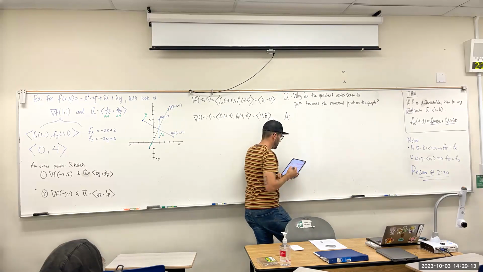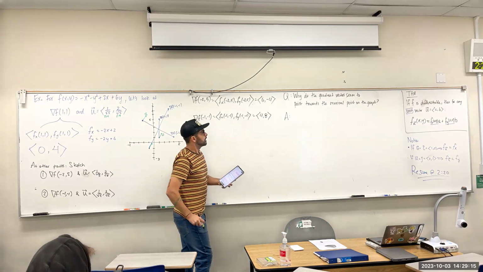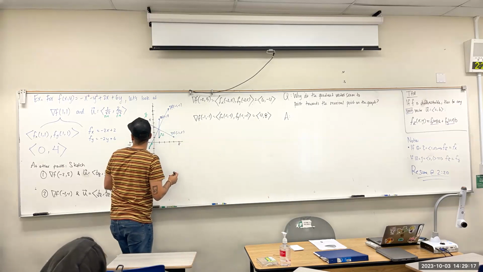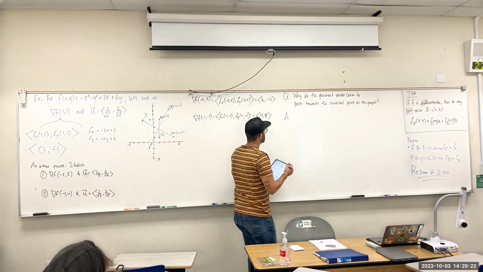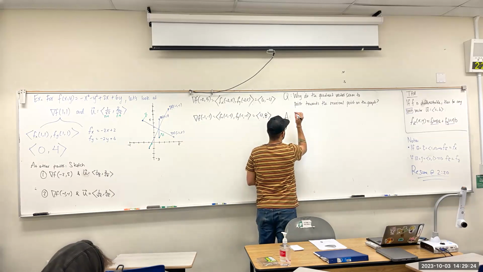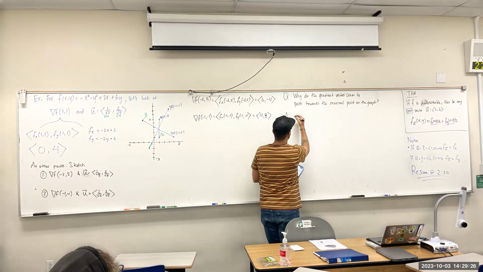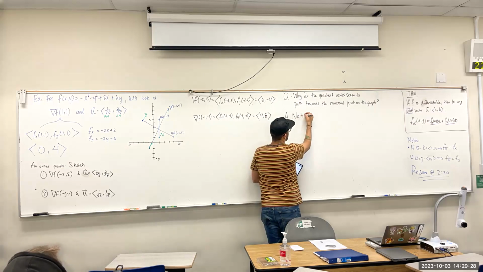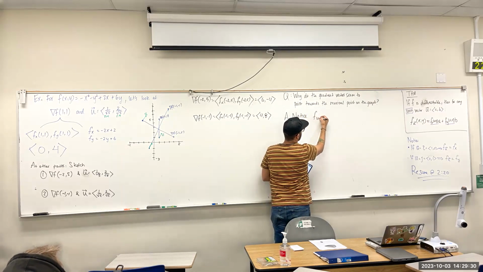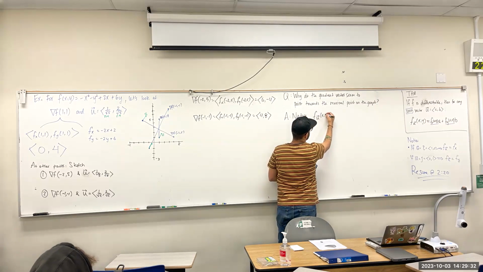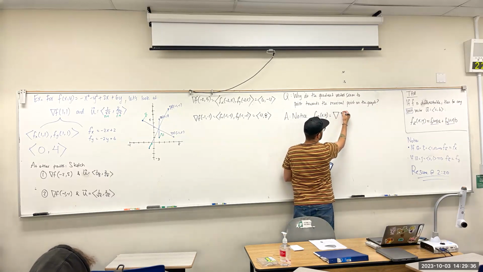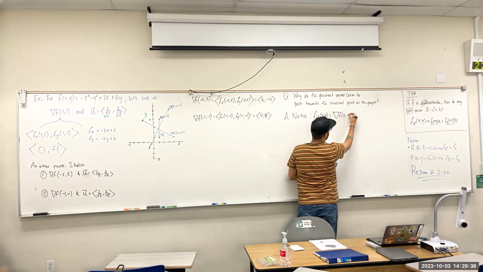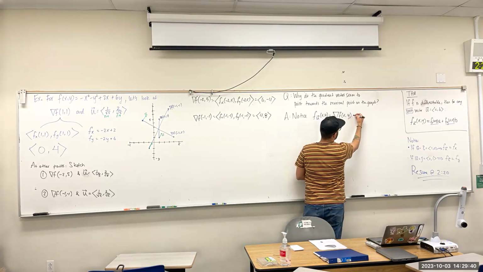Let's look at the fact that we can write the directional derivative as a dot product. Notice that the directional derivative at some point is the gradient vector at that point, dotted with u.